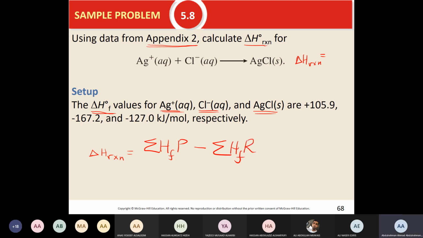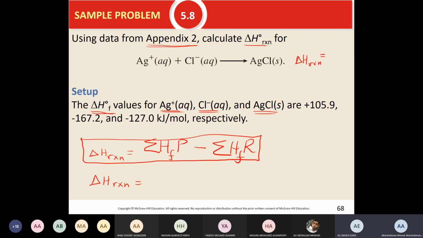Keep this law in your mind. Now apply it. Delta H reaction is equal to what? What's the product that we have? AgCl. So what's the number we have for it? Minus 127. And we'll keep it as it is.